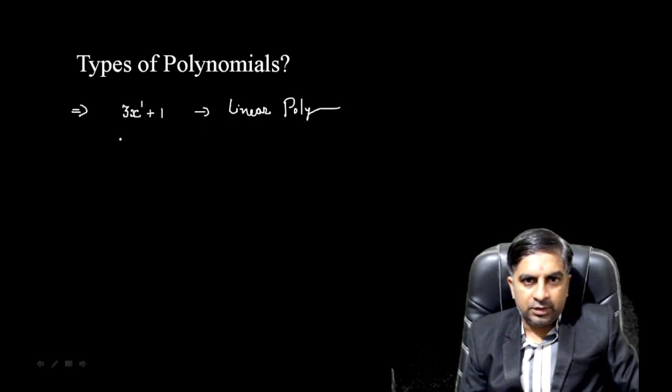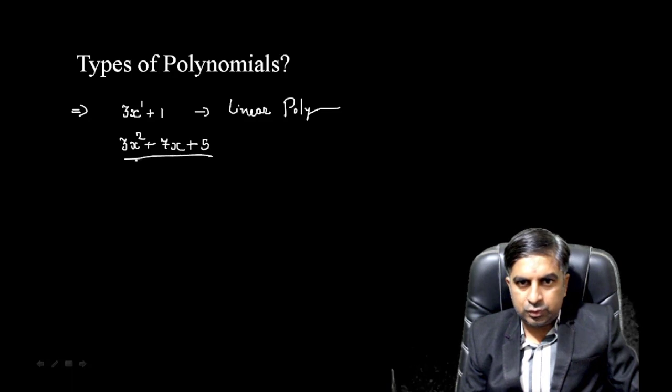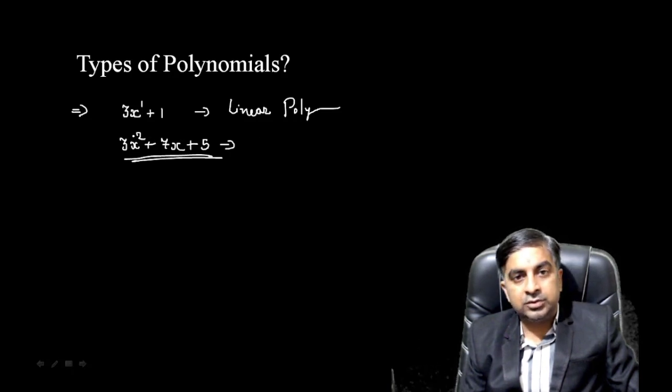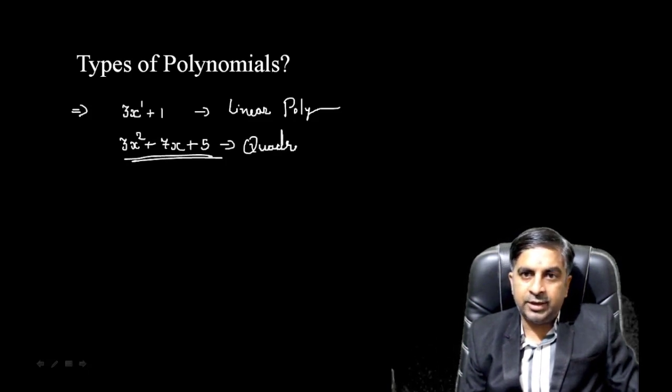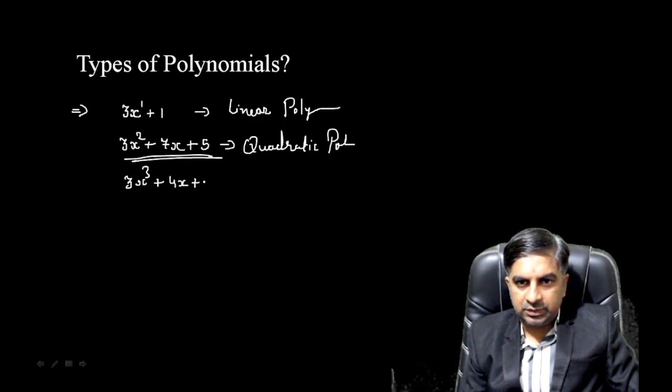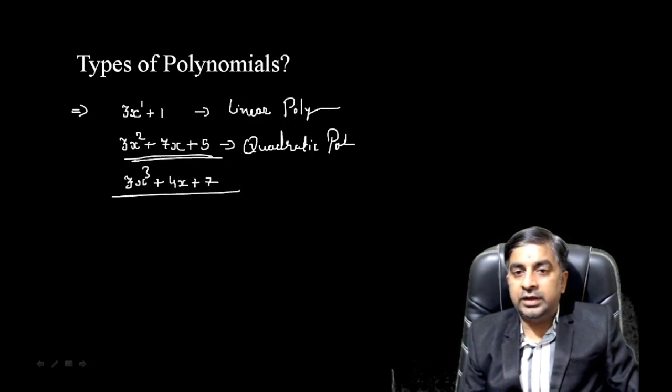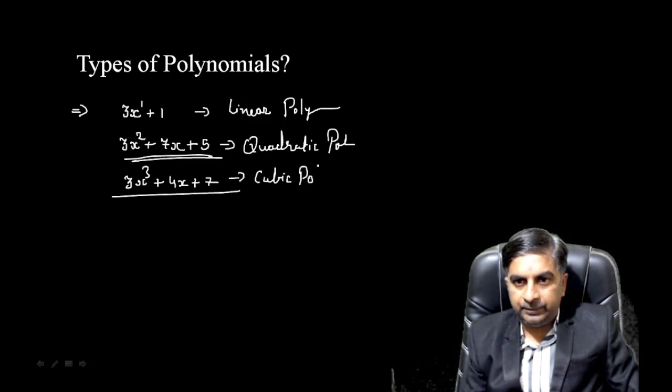Then 3x square plus 7x plus 5, this is also a polynomial, but the degree here is 2. Whenever the degree is 2, we call that type of polynomial a quadratic polynomial. And 3x cube plus 4x plus 7, here the degree is 3, so that type of polynomial is called a cubic polynomial.